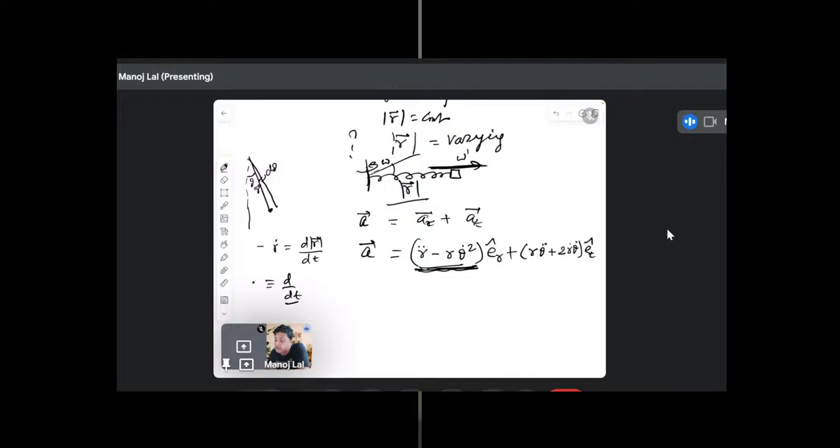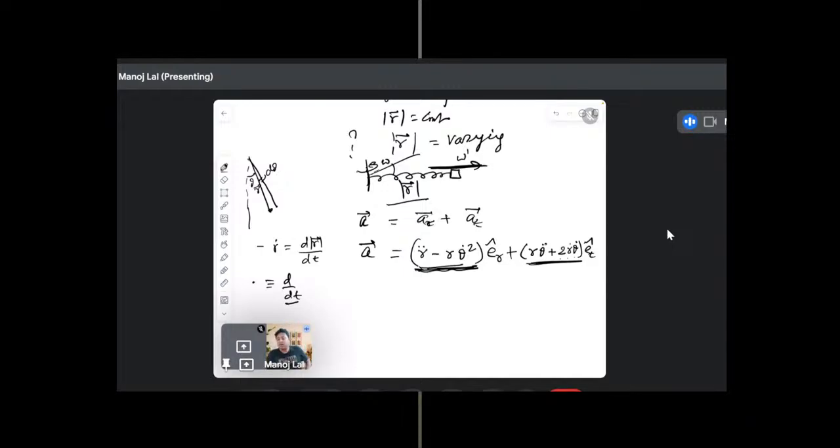Then if we see this part, that is the tangential acceleration. In this there is a part 2 r dot theta dot. This is the tangential acceleration.